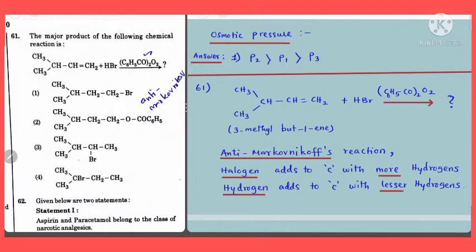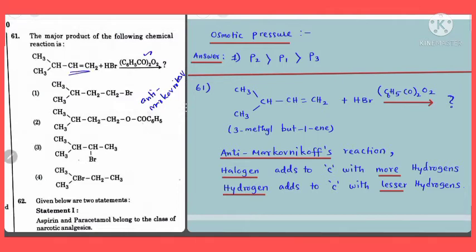According to the anti-Markovnikov reaction, when hydrogen halide is added to an alkene, the halogen prefers to add to the carbon having more hydrogens, and hydrogen prefers to add to the carbon having fewer hydrogens.